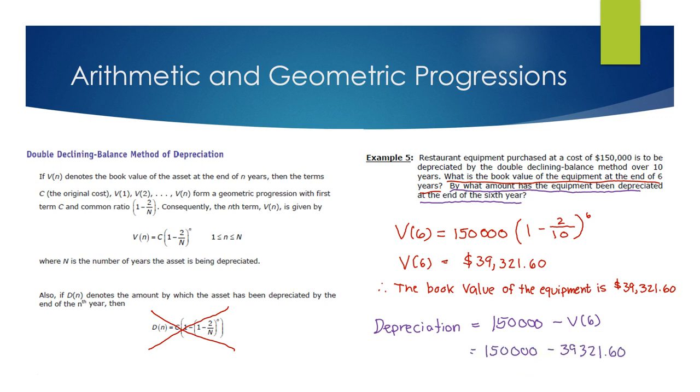So if I do $150,000 minus $39,321.60, I end up with $110,678.40. So that means the equipment depreciated by that amount, $110,678.40, at the end of the 6th year. If you plug the numbers into the formula that you see over there, it should give you the same amount.